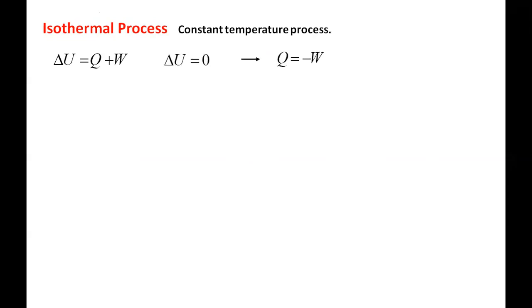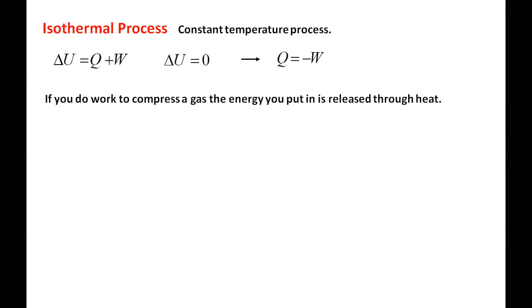Another process is the isothermal process, a constant temperature process. This means delta U equals Q plus the work, and delta U in this case equals 0 and Q equals minus the work. If you do work to compress a gas, the energy you put in is released through heat.